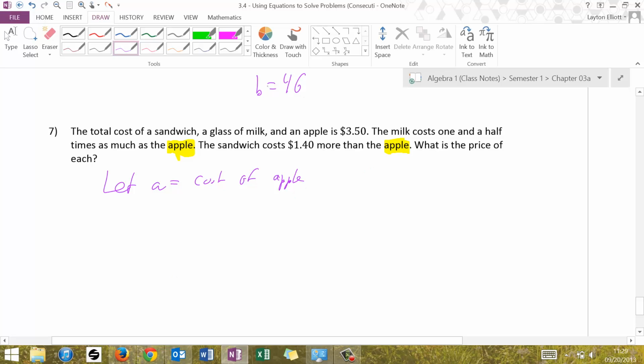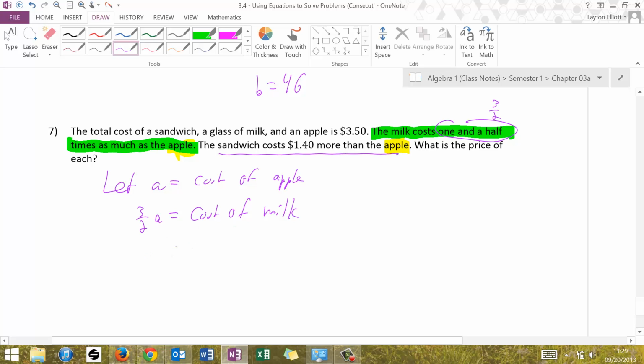And then we'll start with the milk. The milk costs 1.5 times as much as the apple. So 1.5 is the fraction 3/2. So 3/2 A is the cost of milk. Then it says the sandwich costs $1.40 more than the apple. So let's go down and say equals the cost of the sandwich.